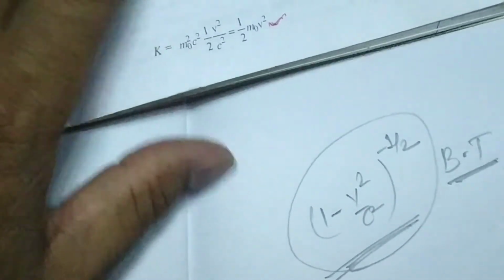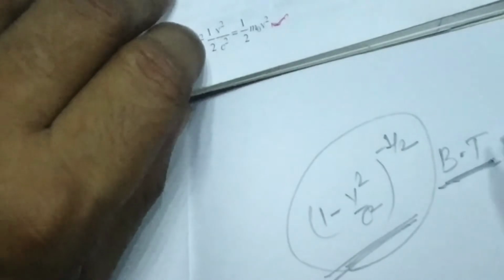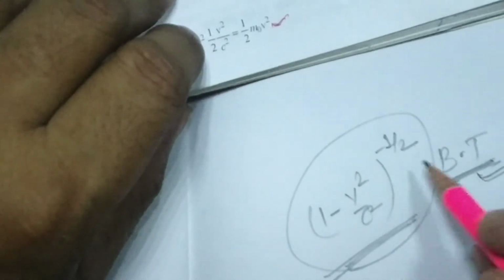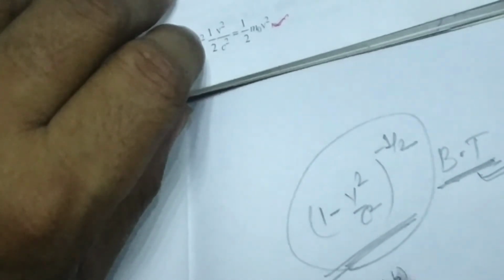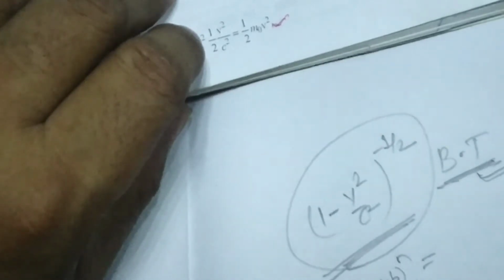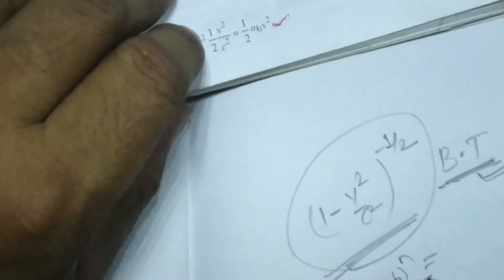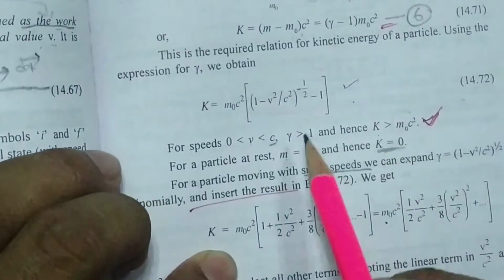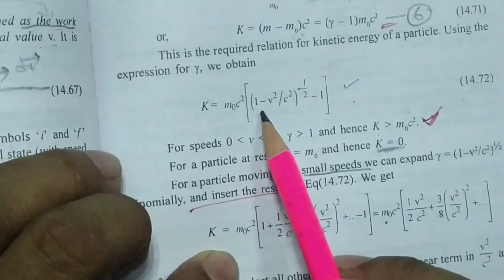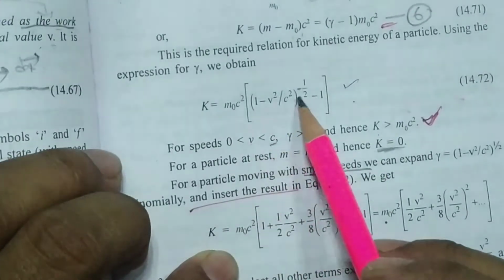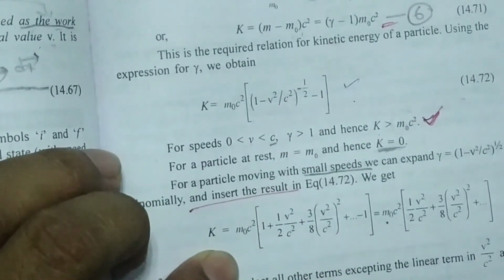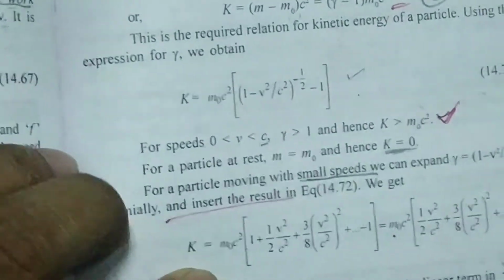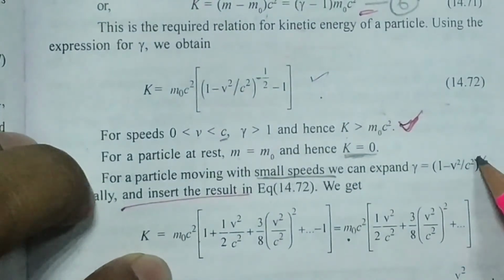Last class I discussed in detail about binomial theorem, a plus b to the power n. So following that, the binomial expansion of this term, 1 minus v square by c square to the power minus 1 by 2. Here mistakenly it is written plus 1 by 2, but you have to write minus 1 by 2.